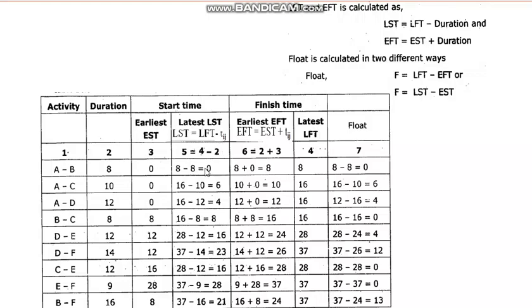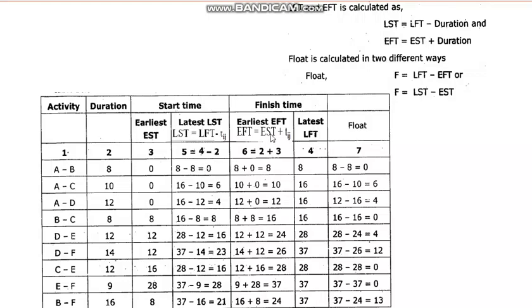LFT minus Dij, that is 8 minus 8 is 0. That means there is no delay possible. This is also 0. Whether it is earliest start time or latest start time, you don't have any gap, you have to start at 0.